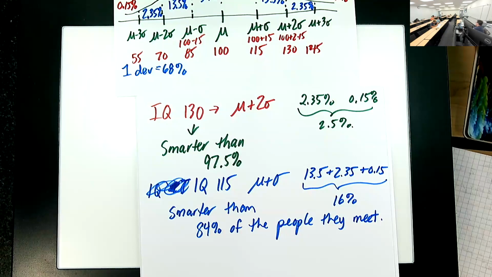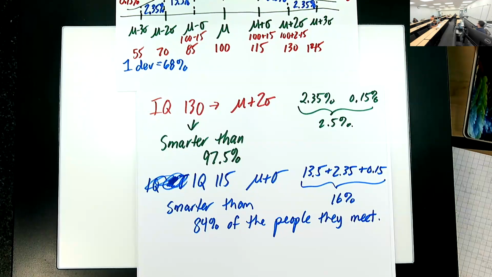That's not very many. You're like one of those top score students. You're getting an A. You're going to be one of those A students. So having a score of 115 doesn't sound very big when you hear genius is 142, but it's still smarter than 84% of the people they meet. That's pretty good.